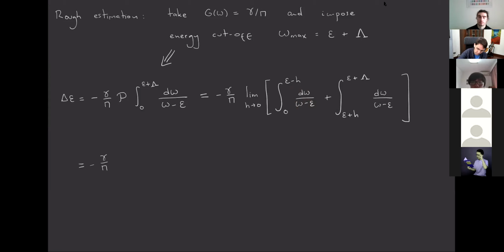So essentially we have the limit when h goes to 0 of the logarithm of omega minus epsilon evaluated at the extremes: at 0, at h minus epsilon, at epsilon plus h, and at epsilon plus the cutoff, and in particular you get this expression.